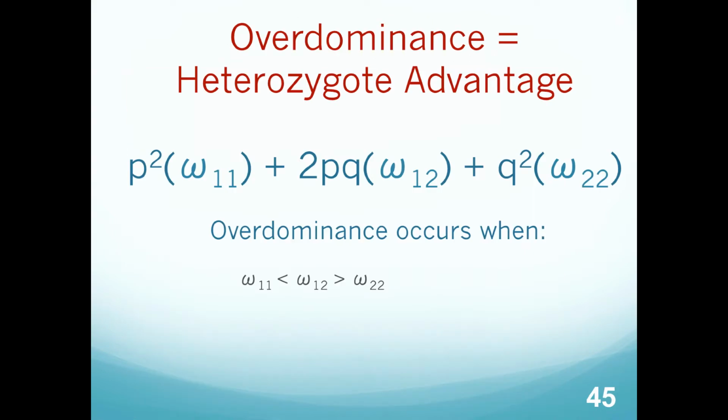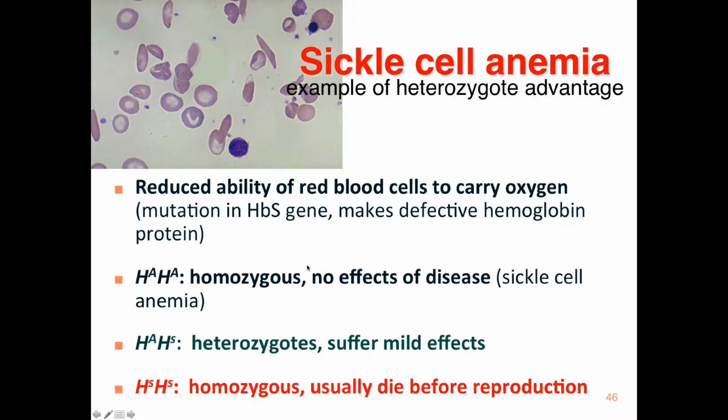So the next type of selection I want to talk about is heterozygote advantage. So this is an equilibrium where we have selection that occurs against the homozygote for one allele, but selection also occurs against the homozygote for the other allele. And so you get what we call overdominance, in which the heterozygote is favored. So sickle cell anemia is another example of this.